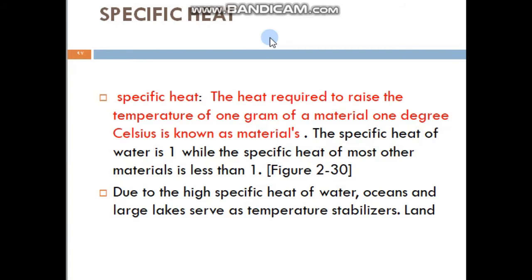The second type of heat is specific heat. Specific heat is the heat required to raise the temperature of 1 gram of a material 1 degree Celsius.